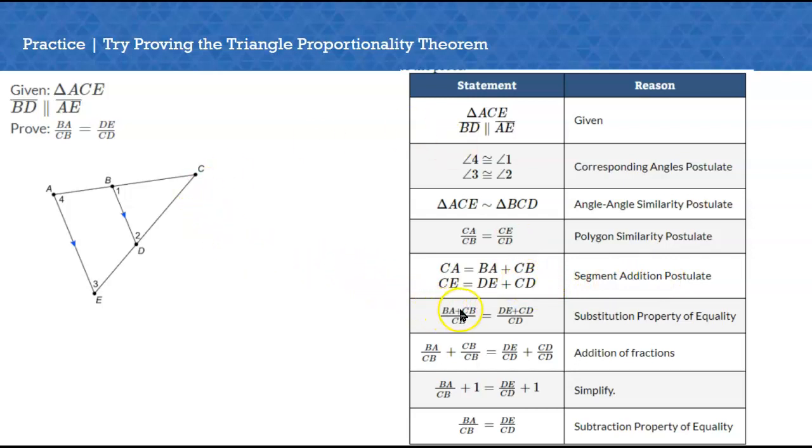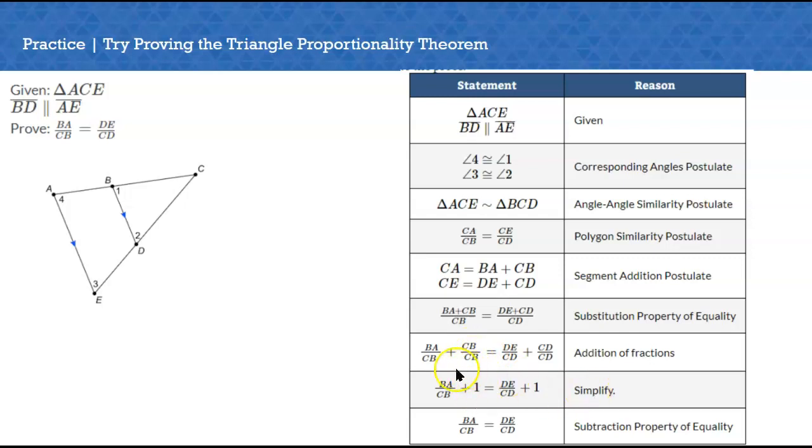Now, since we know that BA plus CB is equal to CA, we can go ahead and say BA plus CB divided by CB is equal to DE plus CD divided by CD. Now you probably noticed something here besides the fact that we substituted. You probably noticed that I said CB and CD twice right here. Well, in that case, when we're adding these together with the addition fraction, all we have to do is say CB divided by CB is equal to 1.